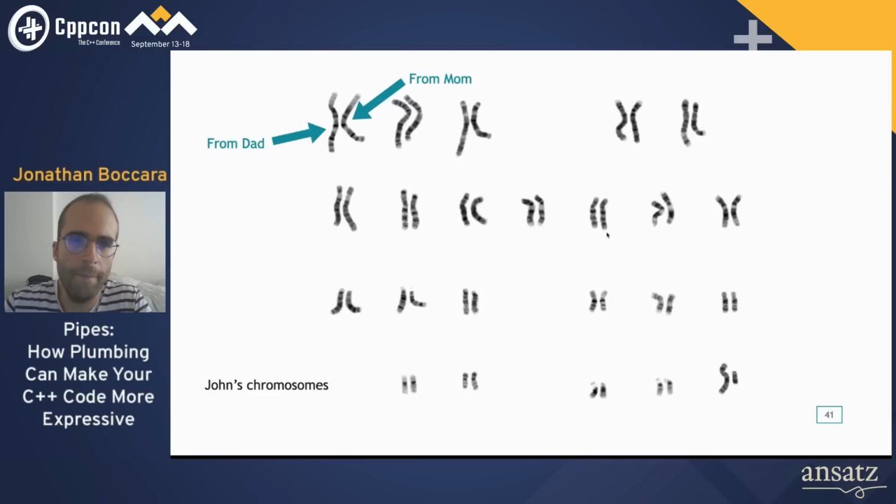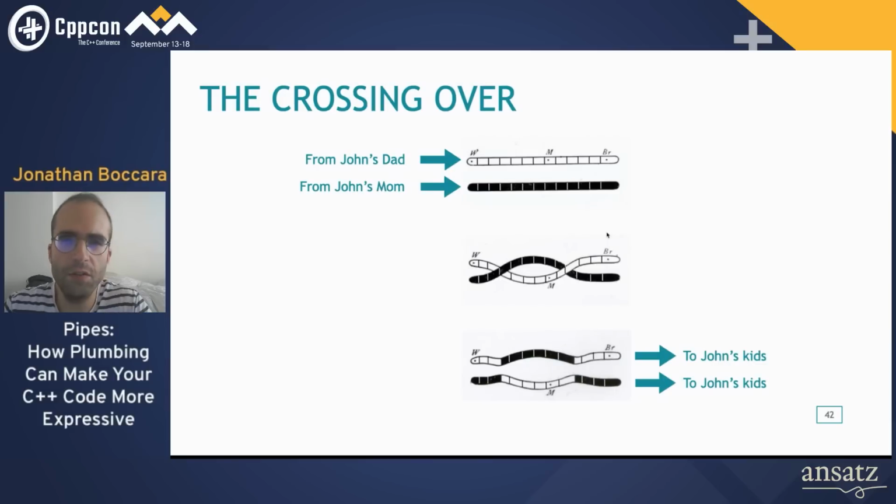Now, when creating new chromosomes for John's kids, who are new individuals that don't look like John or John's dad or John's mum, they're not like clones. It's like a new set of DNA. There's this absolutely jaw-dropping, mind-blowing phenomenon that's called crossing over.